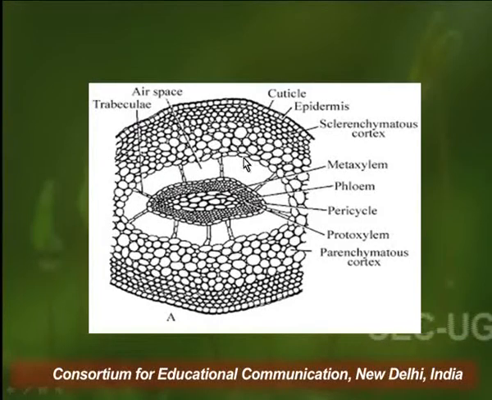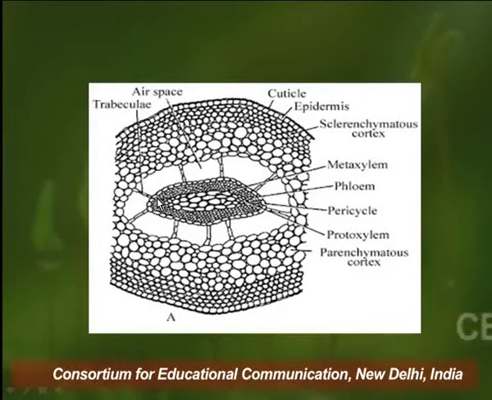These endodermal cells elongate and get separated from the pericycle, and these elongated cells, which are extensions of endodermal cells, are called trabeculae.